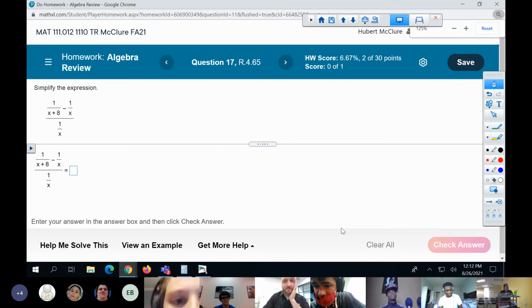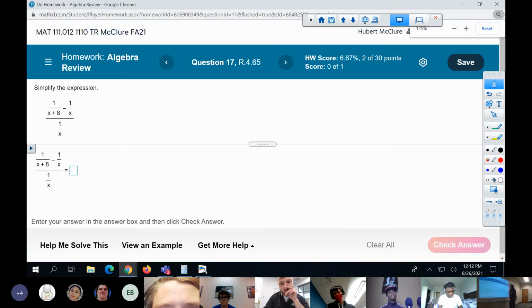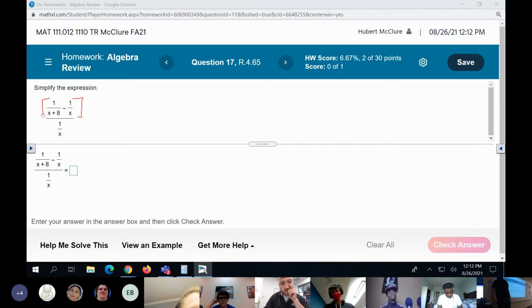But let me tell you how to get rid of any fraction. Always multiply through by the common denominator. So the common denominator on this one is x times x plus 8. I'm going to multiply the top by x times x plus 8 over 1, and I'm going to multiply the bottom by x times x plus 8 over 1.